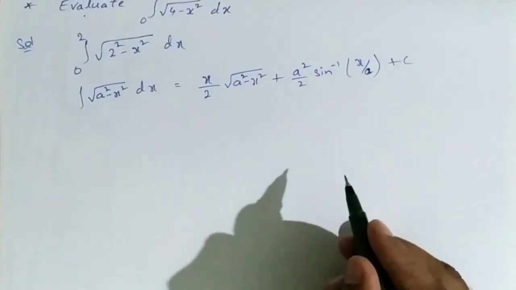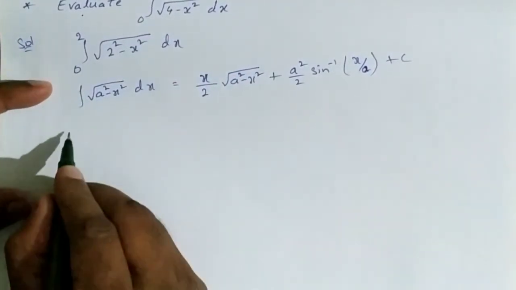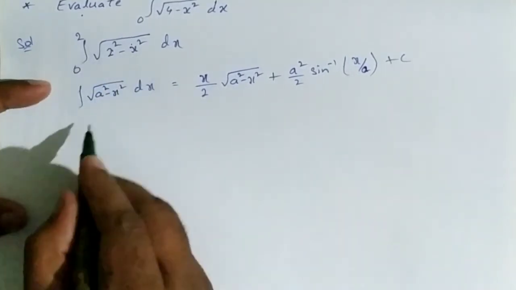Let's see. From this formula we have to apply here, a equals 2 and x equals x only.